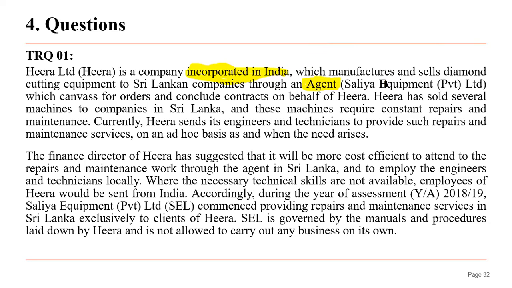Then the Salia Equipment Private Limited, which converse for orders and conclude the contract on behalf of Hera. Then they are taking orders, entering into the orders, taking orders and concluding the contract, right?